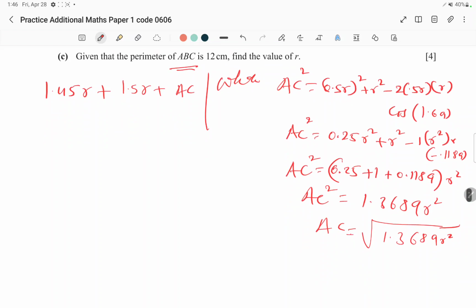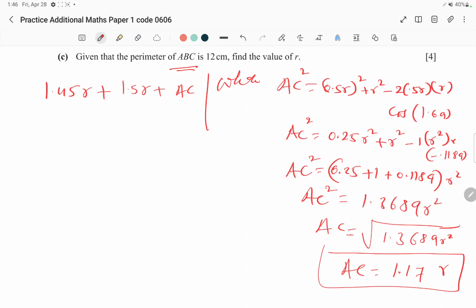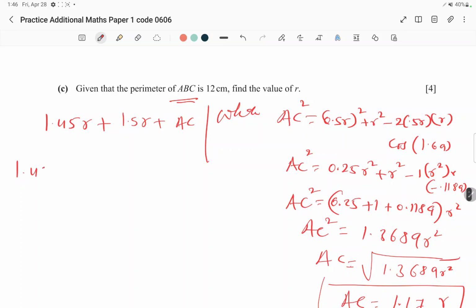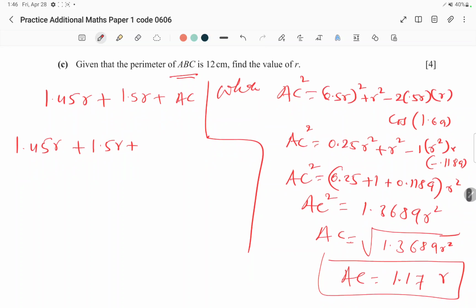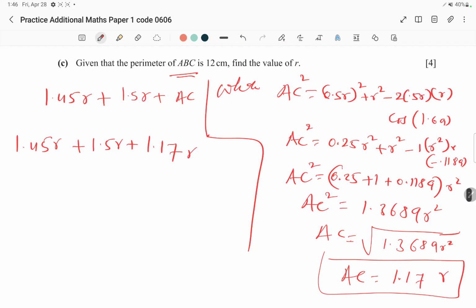So AC is root of 1.3689 r square. So now we need to find root of 1.3689, which is 1.17, and root of r square is r. So we got AC. So now 1.45r plus 1.5r plus AC is 1.17r. So finally just add these. So 1.17 plus 1.5 plus 1.45, which is 4.12r.